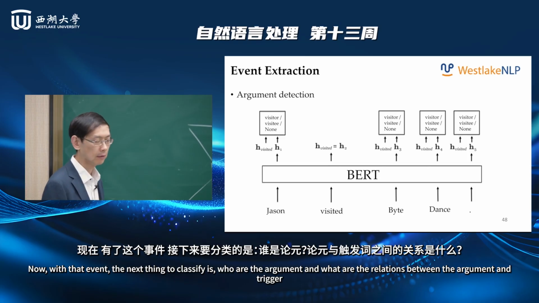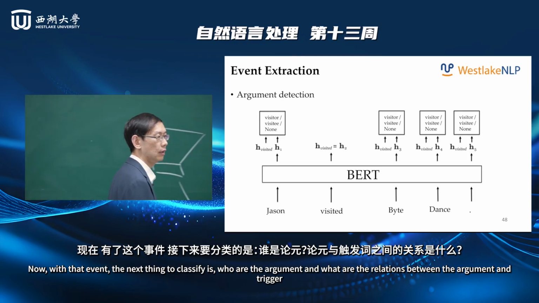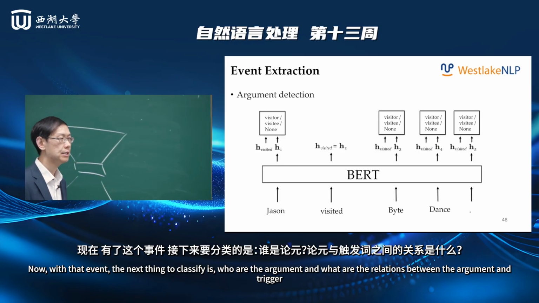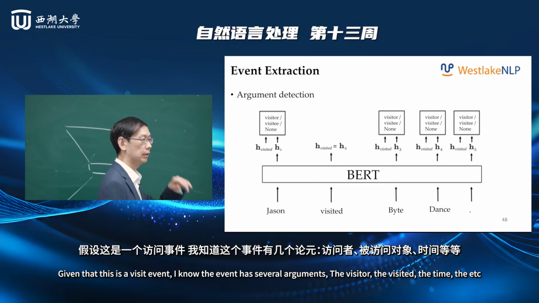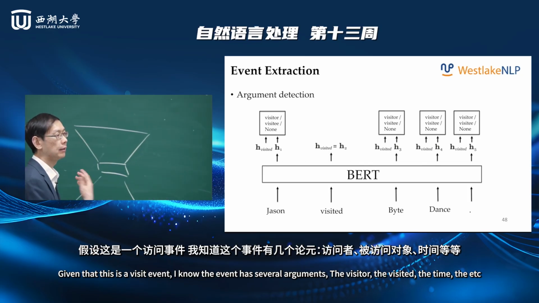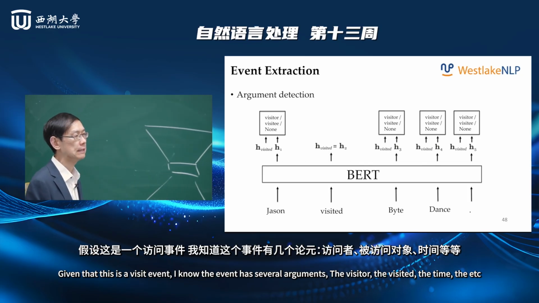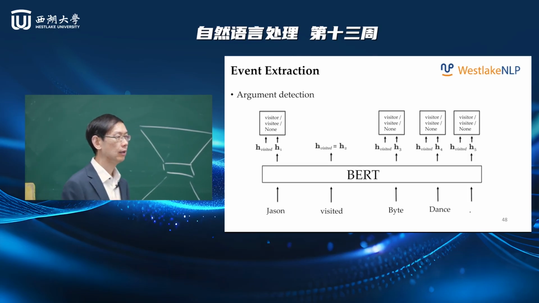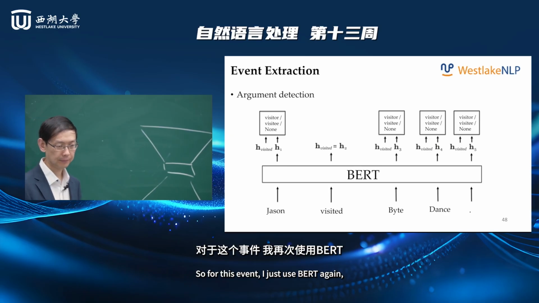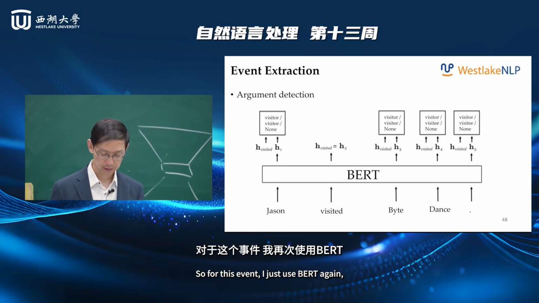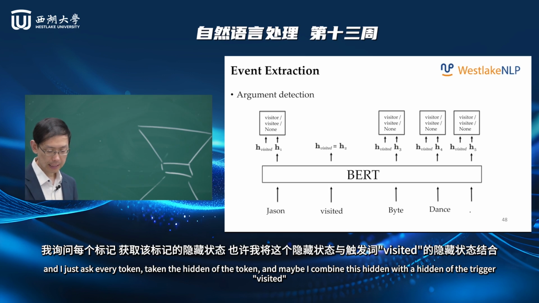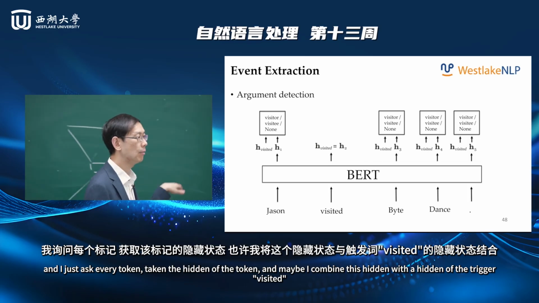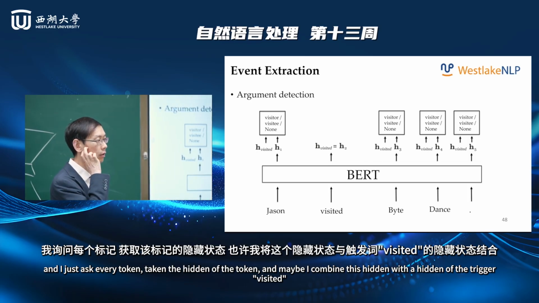Now with that event, the next thing to classify is, who are the arguments and what are the relations between the arguments and the trigger? Given that this is a visit event, I know the event has several arguments: the visitor, the visitee, the time, etc. So for this event, I just use BERT again, and I take the hidden of each token, and maybe I combine this hidden with the hidden of the trigger, visited.